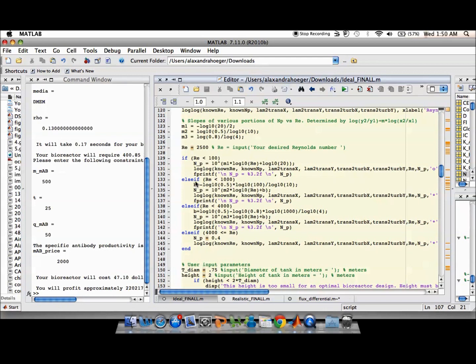And then if it's less than 1,000, it will use this formula and so on. And once it does that, it will print a star like you saw before on the graph. So I'll just show you this one more time.